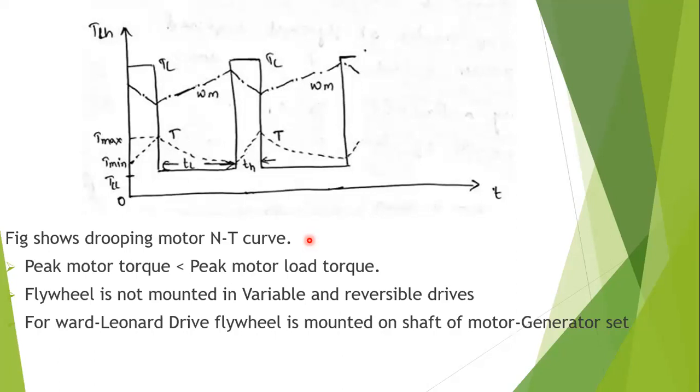In this, the flywheel will be mounted on the shaft of the motor generator set. There is an option for mounting the flywheel on the shaft of the motor generator set. This arrangement equalizes the load on the source, but does not equalize the load on the motor. Only the load on the source will be equalized, not the load on the motor.